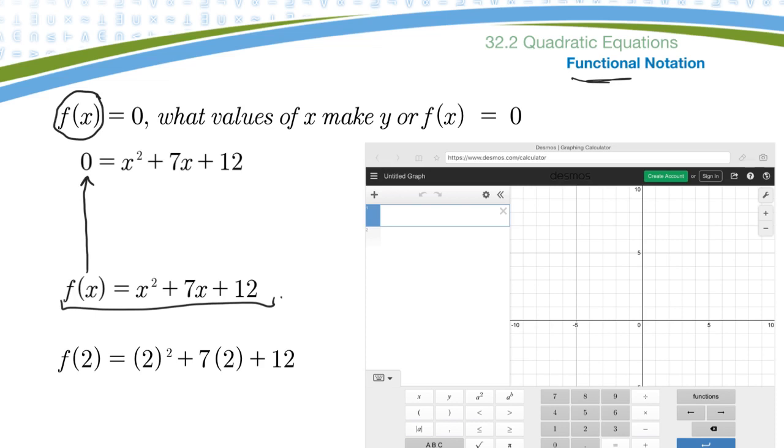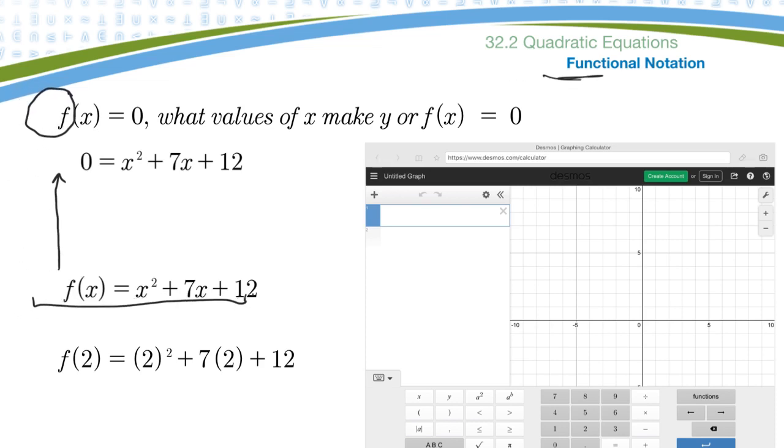Let's just do it here in decimals, if decimals will work today. Here we go. So y is equal to x squared plus 7x plus 12.